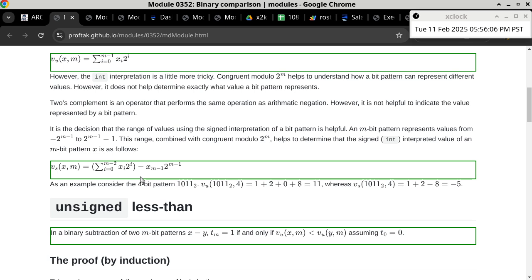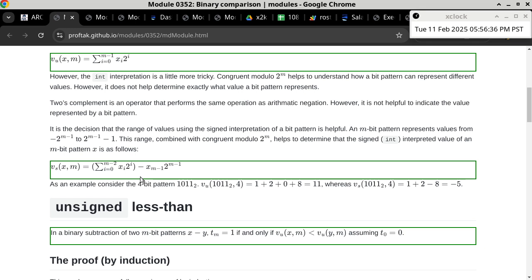But I'll just go ahead and make a general statement here to say that no matter what the other bits are, the maximum of your sigma notation can never make up for 2 to the power of m minus 1, which means if the most significant bit is a 1, then the signed value being represented is going to be negative.